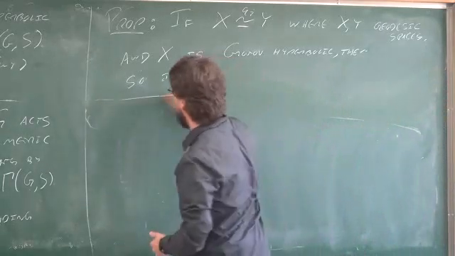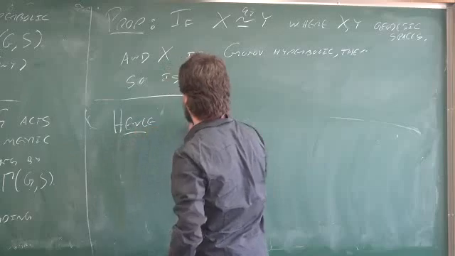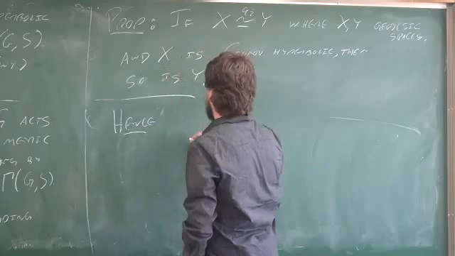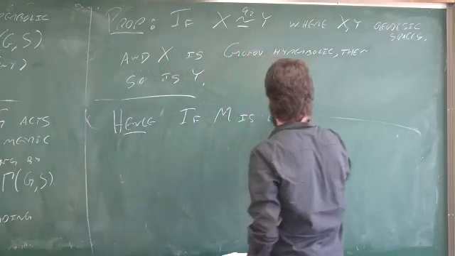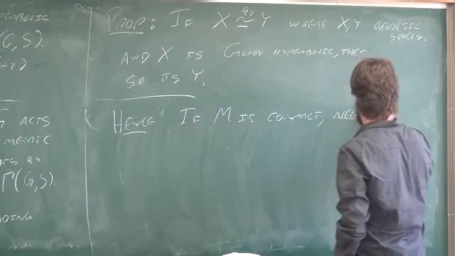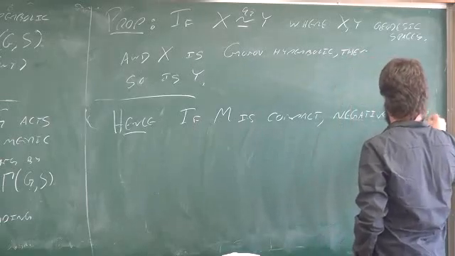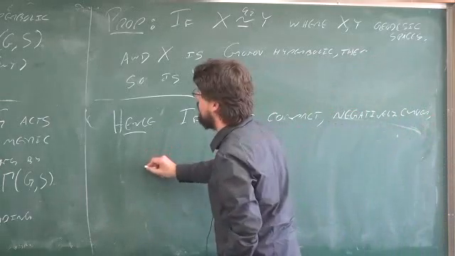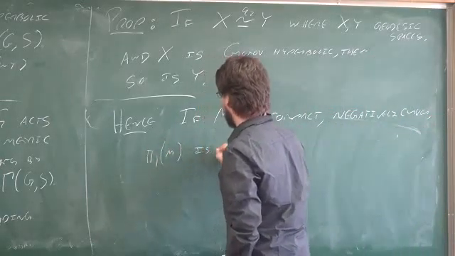So, hence, if M is compact, negatively curved, then if I look at pi 1 of M, this is a hyperbolic group.